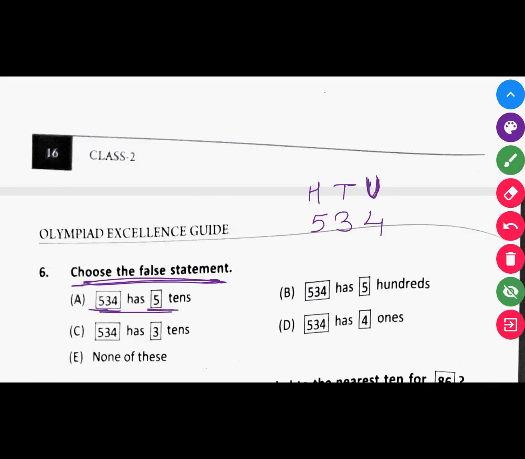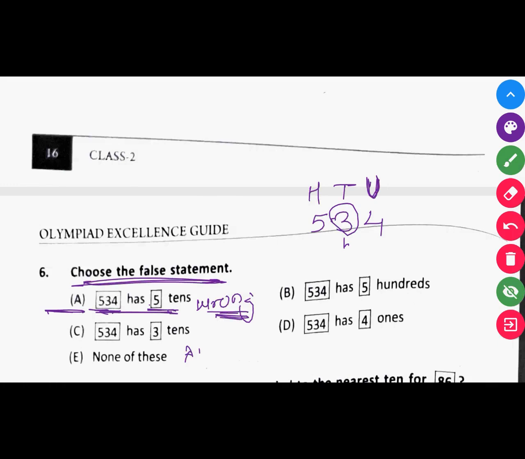Now what is given in the first statement? 534 has 5 tens. Now see, the number 534 has 3 tens. So the first statement is wrong or false. And we have to identify the false statement only. So our answer is A.